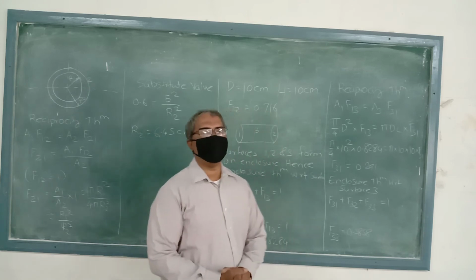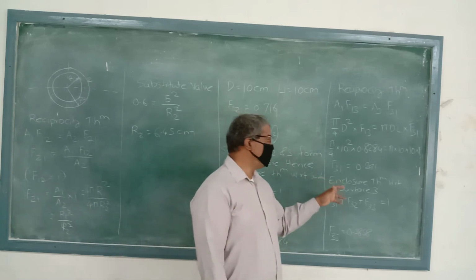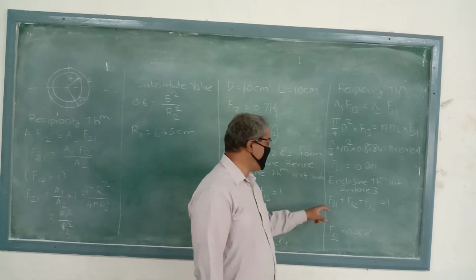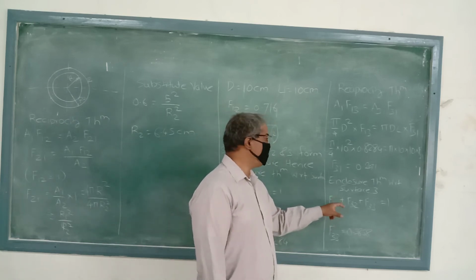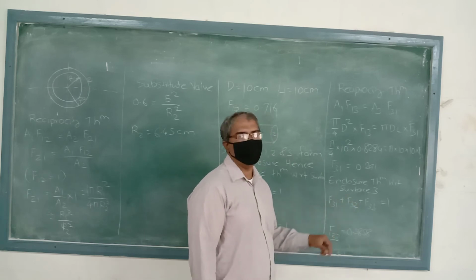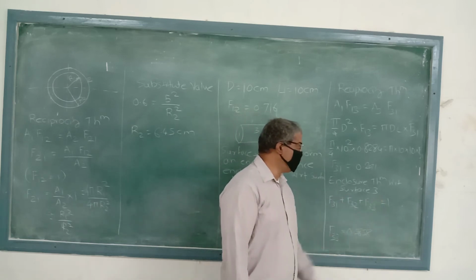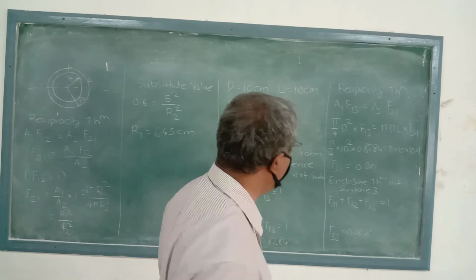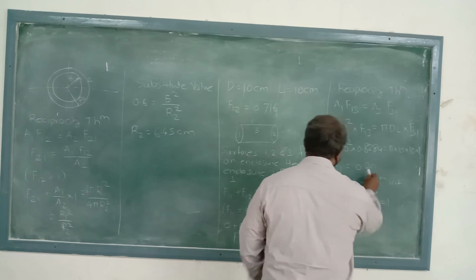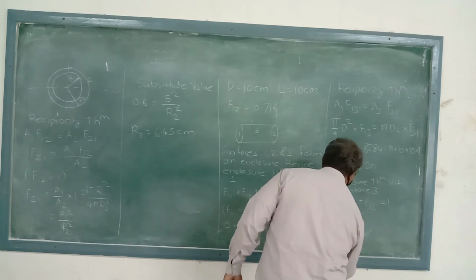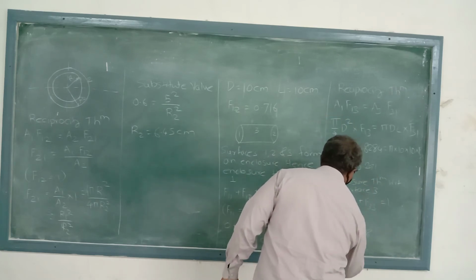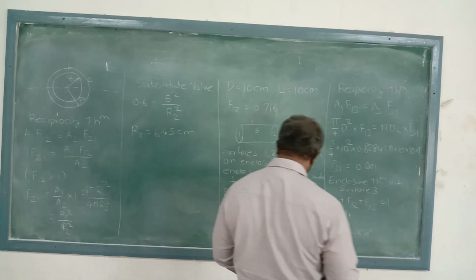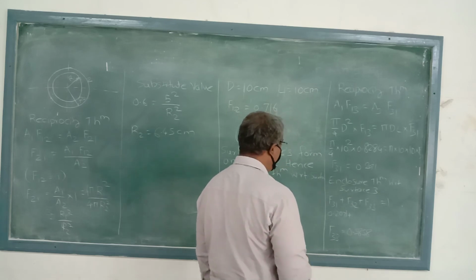Next we apply the enclosure theorem again with respect to surface 3. So here we get F3 to 1 plus F3 to 2 plus F3 to 3, where F3 to 1 is 0.2071 plus F3 to 2.